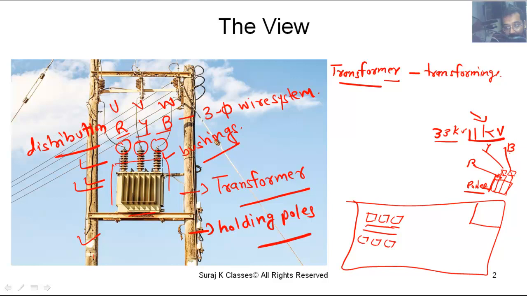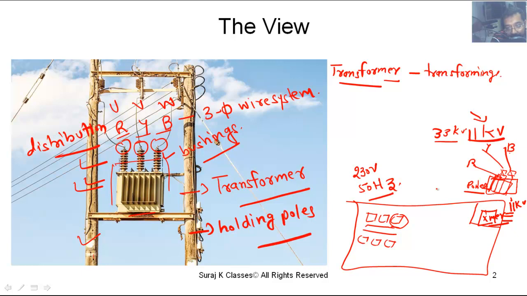Now this 11 kV is carried by some poles, on transmission lines. There is one device called a transformer, which is installed outside of your society. This 11 kV is applied to this transformer, and we are well aware that the domestic supply standard voltage and frequency is 230 volt, 50 hertz.